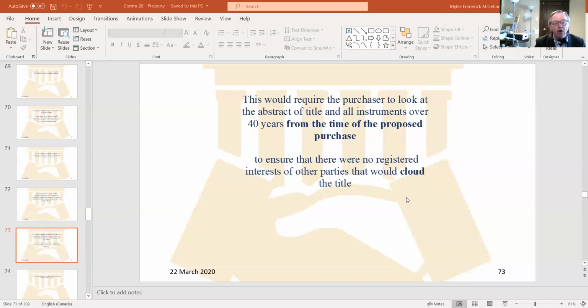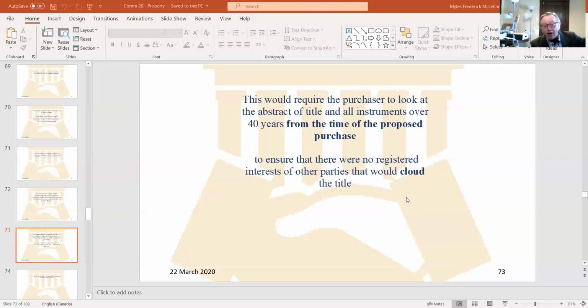And having said that, so again, the purchaser is required to look at the abstracted title and look at all instruments on it over 40 years from the time of the purchase. And the whole purpose of this, again, is to see if in fact there's going to be a good and clear title. And what you're doing when you're looking for that kind of title is you're looking for anything on title that would create what's called a cloud on the title.